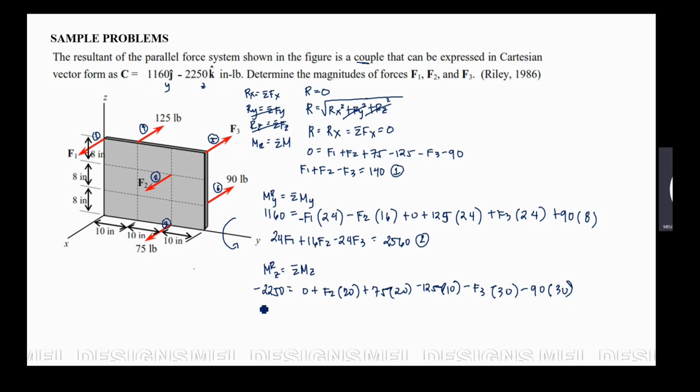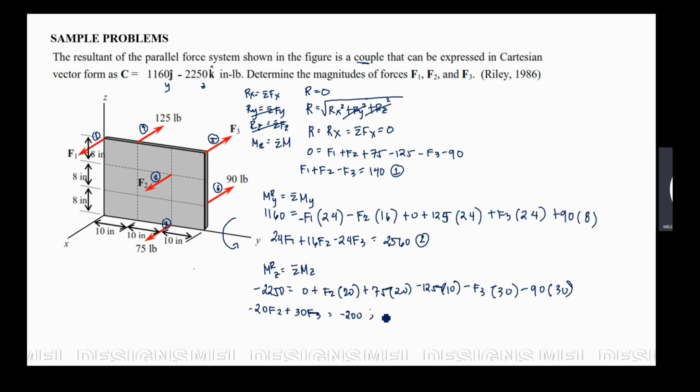Okay, so simplify ulit natin. So we have 20 F2 or negative 20 F2 plus 30 F3 equal to negative 200.